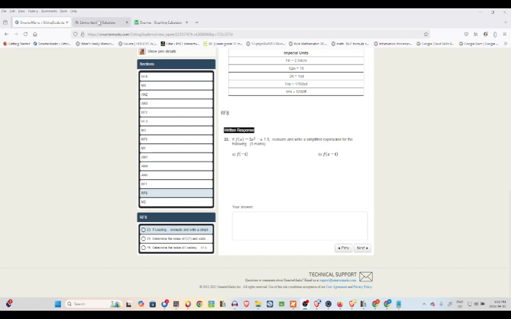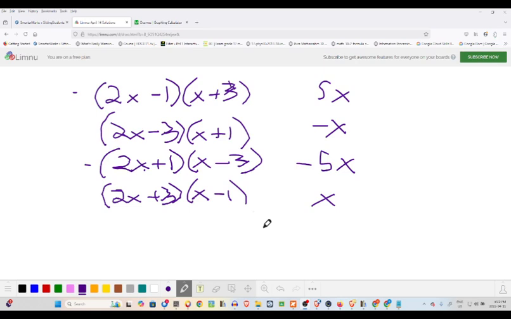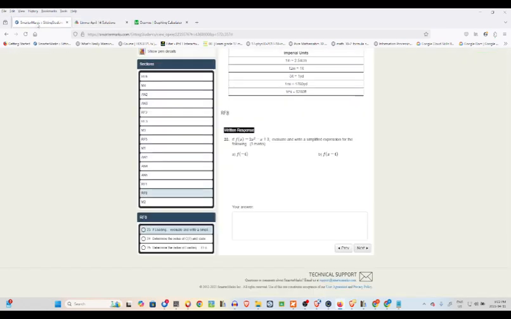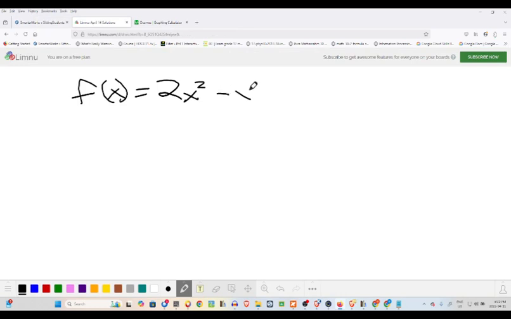So f of x is 2x squared minus x plus 3. f of -4. Take this nice and slow. We put in -4 where the x is.